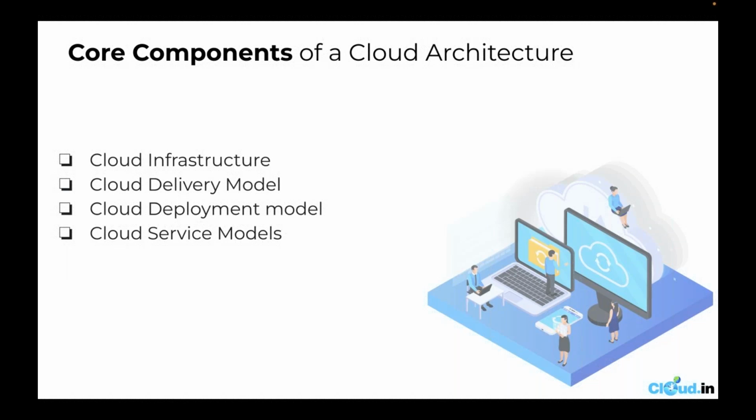Moving on, considering the cloud delivery model, which is also a major aspect in your architecture. In its most basic form, there are primarily two sections of classification that we can have here. One is the front end and the other is the back end.